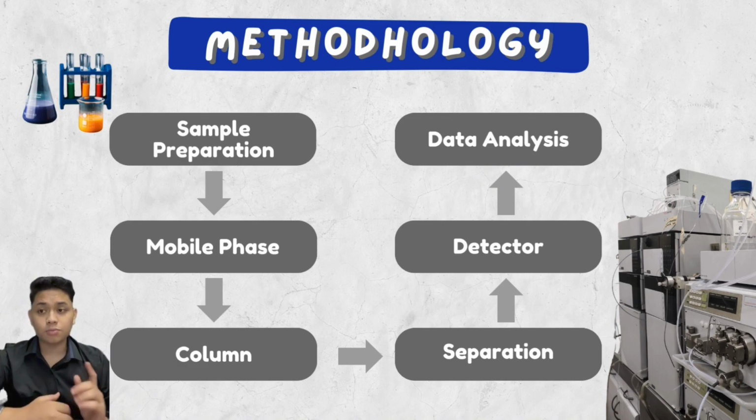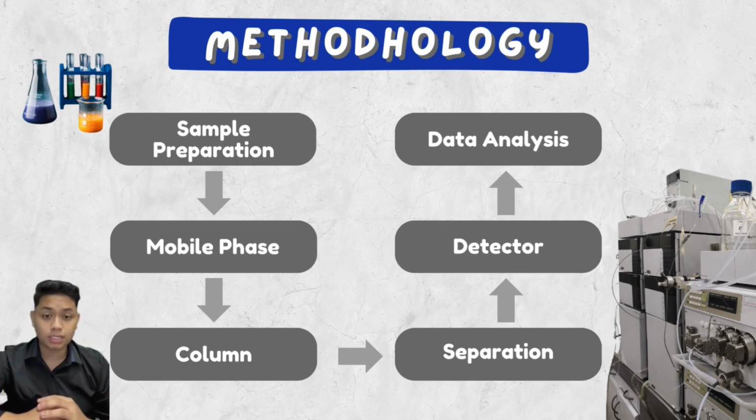Alright guys, now let's move to the methodology for HPLC. The first method is sample preparation, where the sample is prepared for analysis and we make sure the samples are in the right form. The next method is the mobile phase, where the prepared sample is injected into the HPLC. Next is the column, which is the crucial component in HPLC that leads to the next method, which is separation.